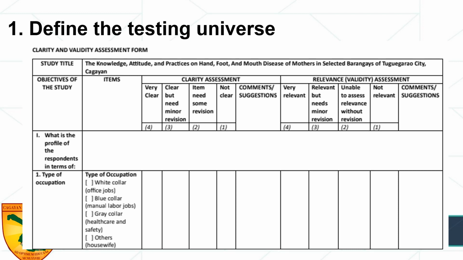For the computation of your content validity index, we only use this part of the tool, the relevance or validity index, where we have the response formats 4, 3, 2, 1, which are: very relevant, relevant but needs minor revision, unable to assess relevance without revision, and not relevant. An important part here are the comments and suggestions.